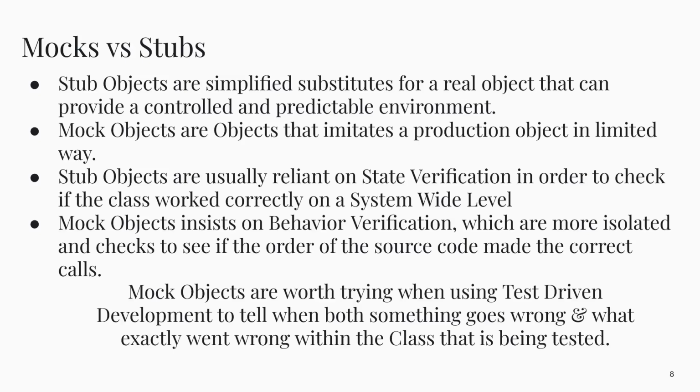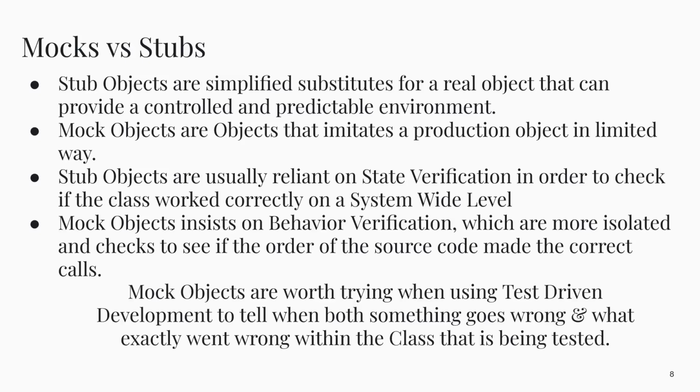So once again, with the car analogy, this would be like getting a flat tire, and if you're using a stub object, the stubbed object would tell you that the car itself is not working and you would need to replace the car.